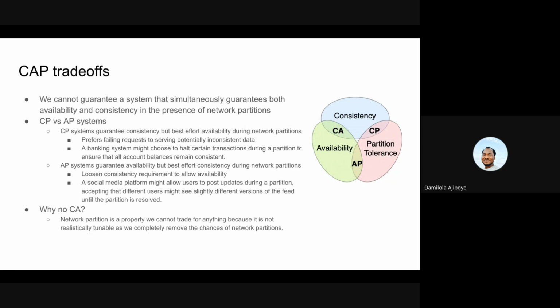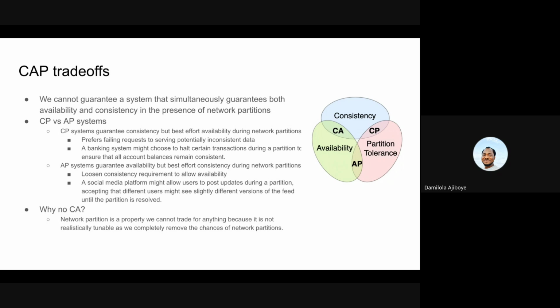An example here is a social media platform. We want users to be allowed to update their posts, or even to view posts, even if there's a network partition. What that means is different users might see slightly different versions of their feed, but this is fine because it's just Twitter, for example.